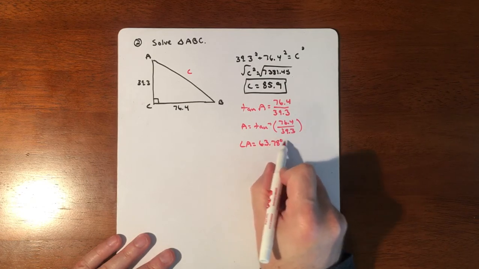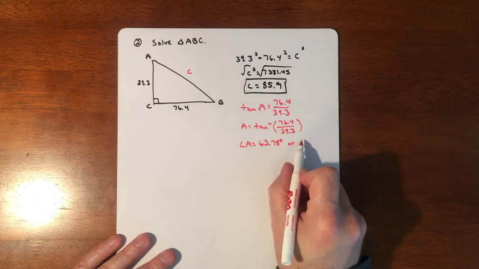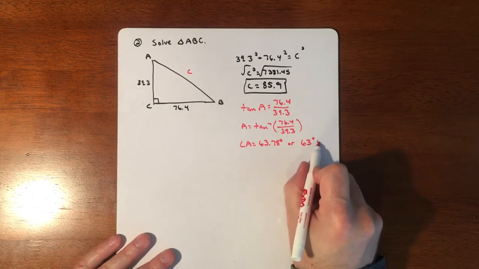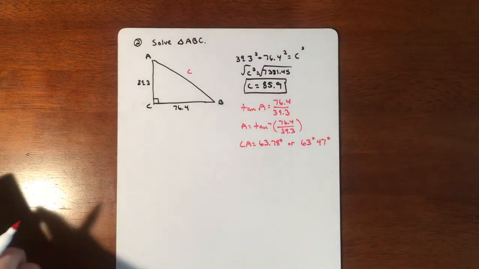So angle A is going to equal 63.78 degrees, or depending upon what the directions are asking, 63 degrees 47 minutes. Let me double check the math on that one.